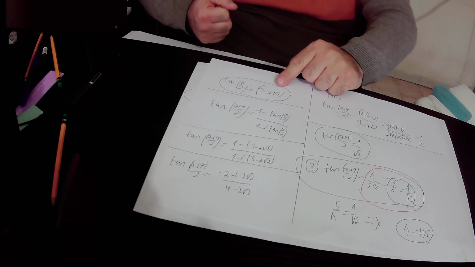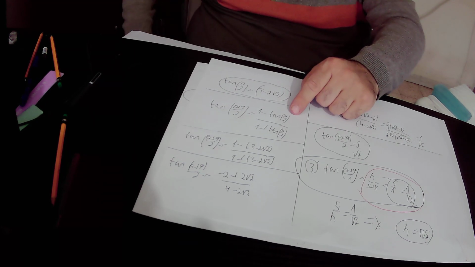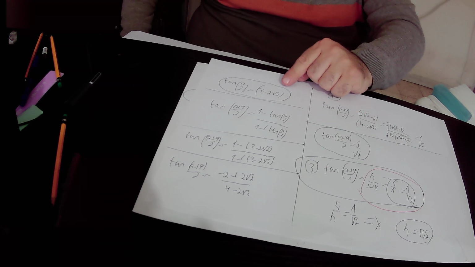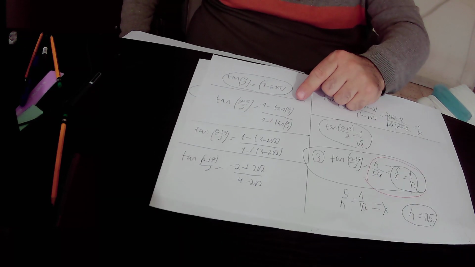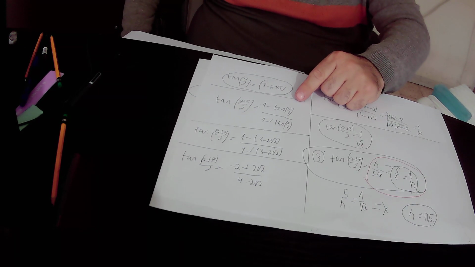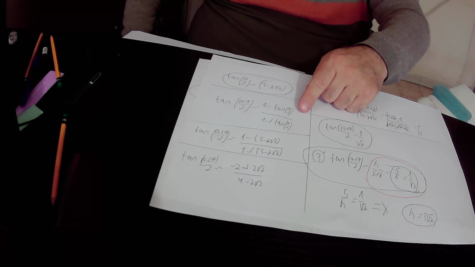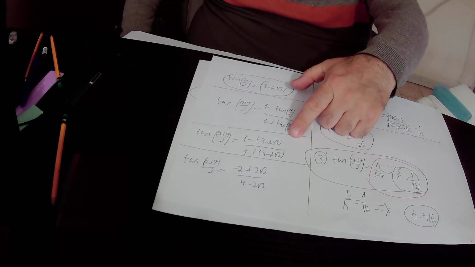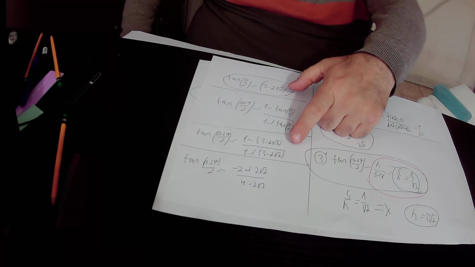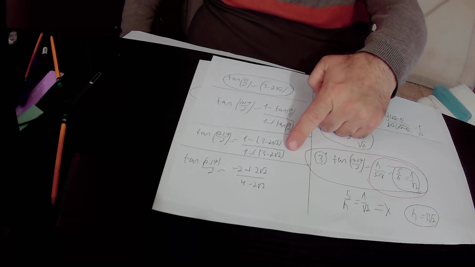Now we can substitute tangent theta over 2 in this equation by 3 minus 2 times square root of 2. We did it, and we got that tangent of (theta plus alpha) over 2 equals (1 minus tangent theta over 2) over (1 plus tangent theta over 2). It will be equal to 1 minus (3 minus 2 times square root of 2) over 1 plus (3 minus 2 times square root of 2).